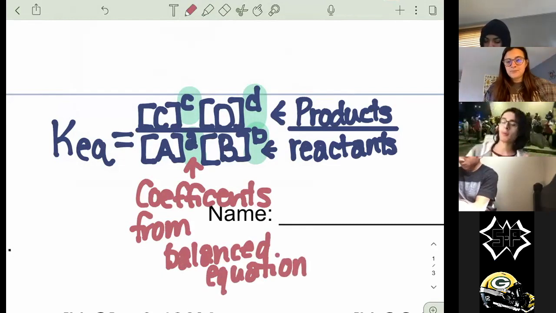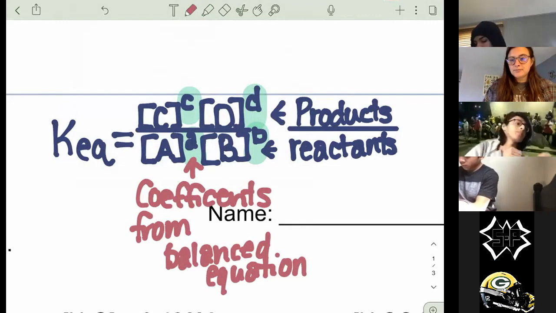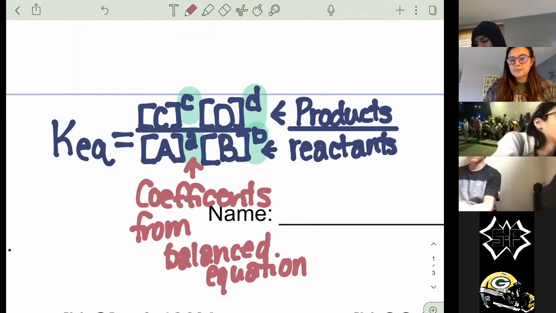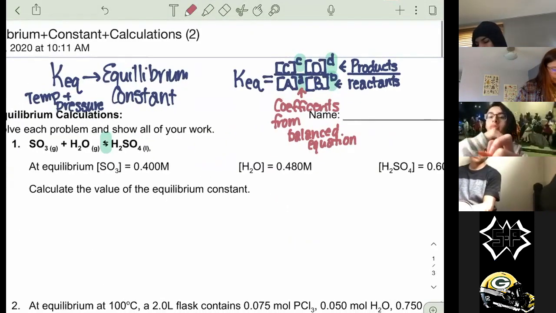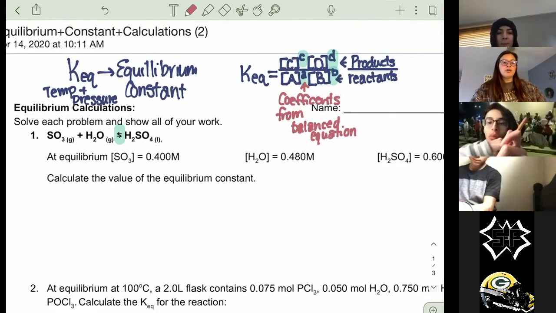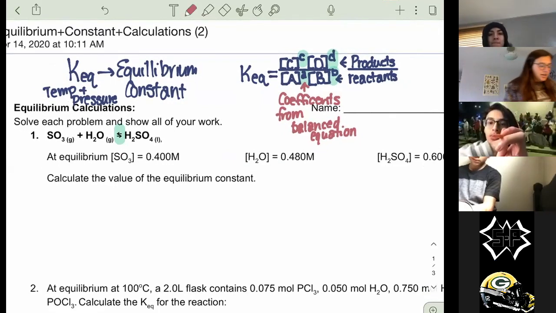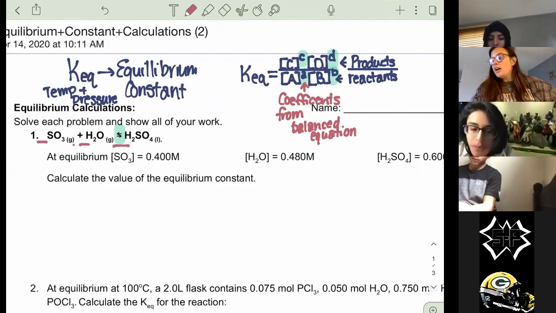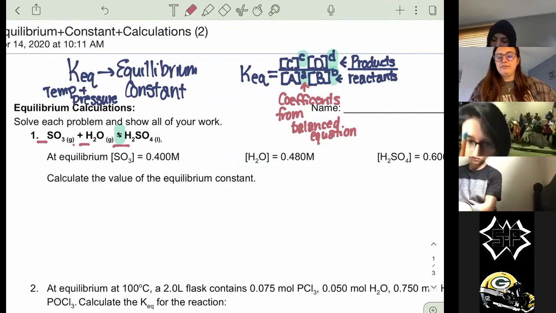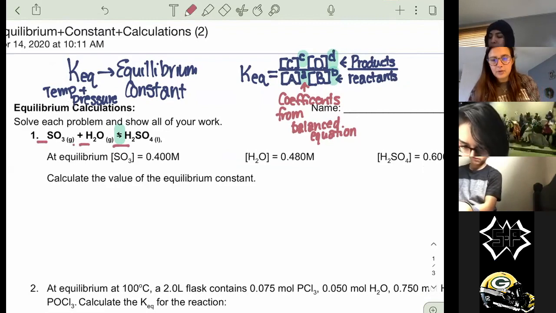For example, if we look at the first problem, there are no coefficients in front to balance them. Each of these is just to the first power, so you don't have to square it or cube it or do anything with it. And guys, we're going to go through a couple of examples, so don't stress if some of this isn't making sense.